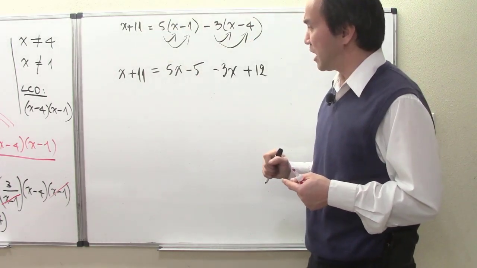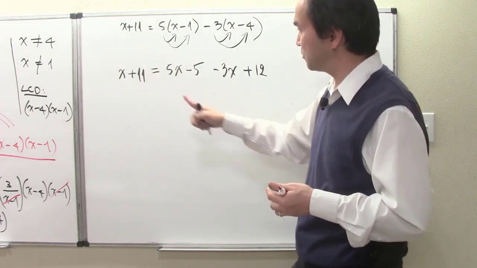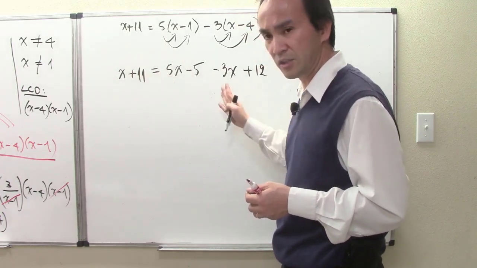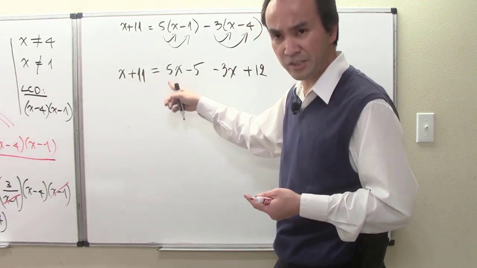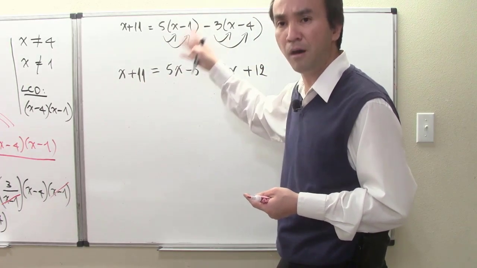Now observing this equation a little further, I want to arrange all the x terms on one side, so that after combining like terms it's a positive term.